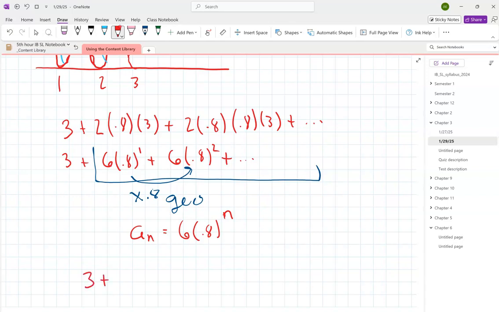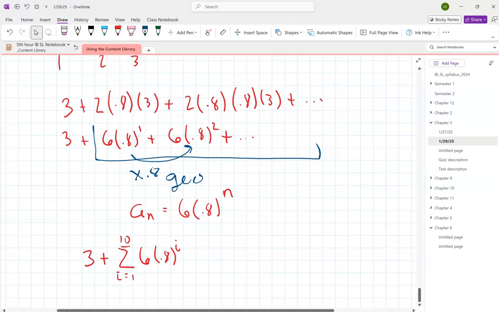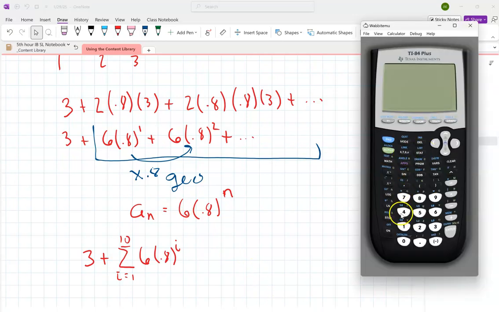So we're going to have 3 plus the sum, i equals 1 to 10 of 6 times 0.8 to the i. Let's try that.